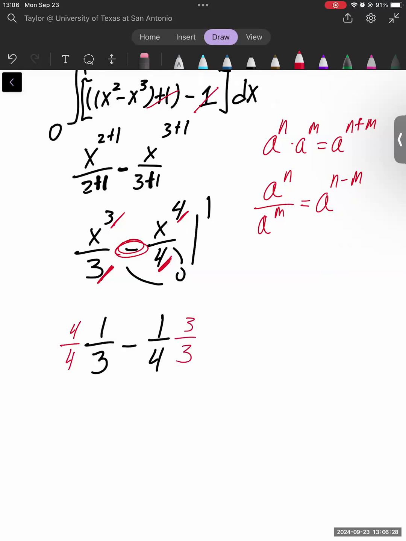Is this what you were getting at, Luis? Is this kind of what you were talking about? And then I get 4 over 12 minus 3 over 12 equals 1 over 12.